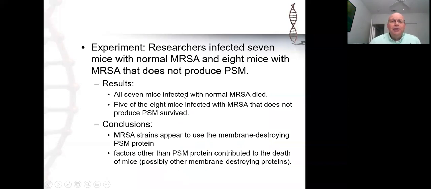And in the results of the experimentation, all the mice that were infected with normal MRSA making PSM did die. So it is very lethal. And the mutant version of MRSA that doesn't make PSM was deadly, but obviously not as deadly because not all the mice died. A few of them survived. But what that tells us is that even in the absence of PSM, MRSA can still kill.